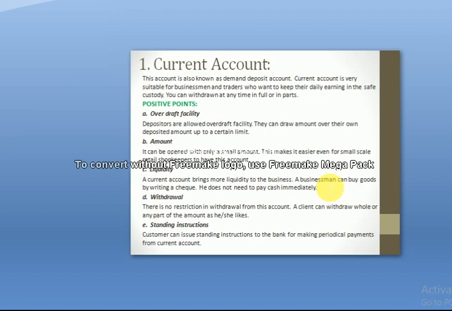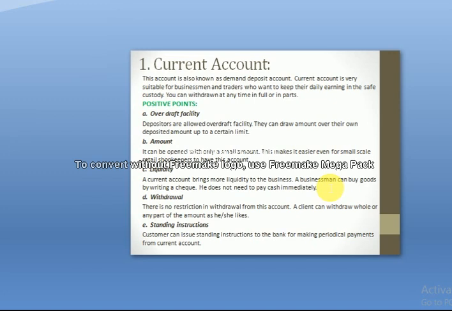So look, now I have only 1 lakh deposits in my account. From this current account, now I can withdraw up to 4 lakh. Why? 1 lakh is my own deposits and I have 3 lakh overdraft.